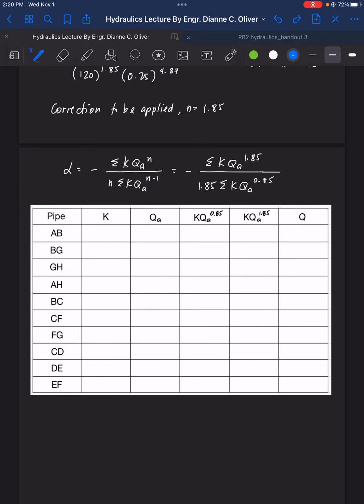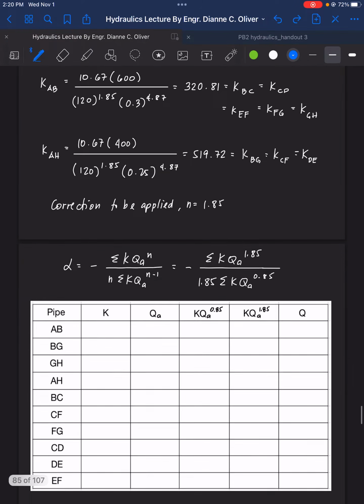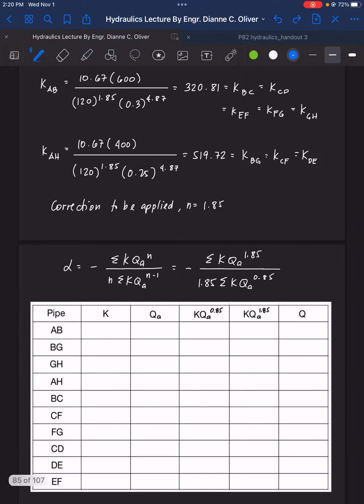Then the K value. So what's our K value a while ago? The same K value for AB, GH, BC, FG, CD, and then EF.